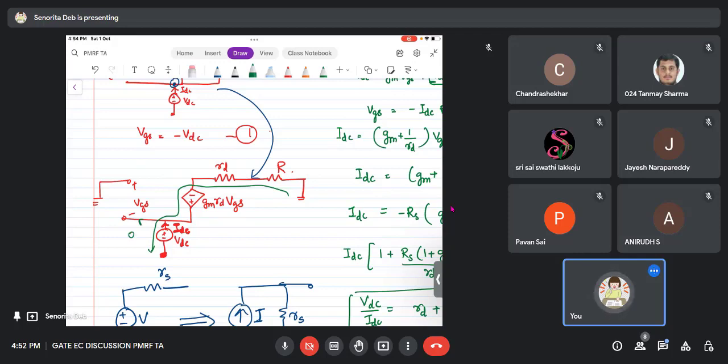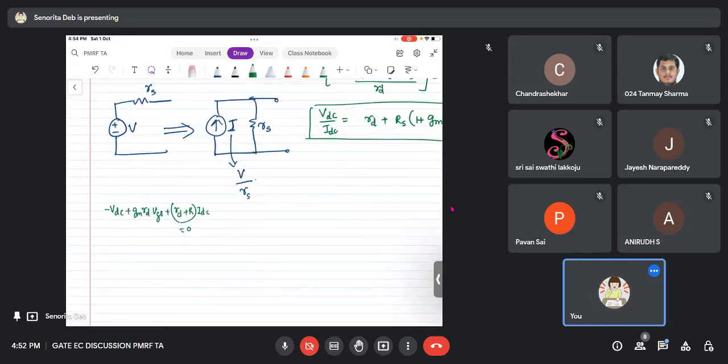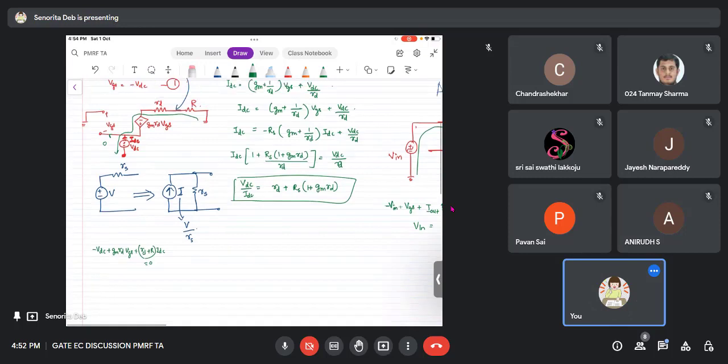Let's put the KVL: minus VDC plus gm RD VGS plus (RD plus R) into IDC is 0. Right?